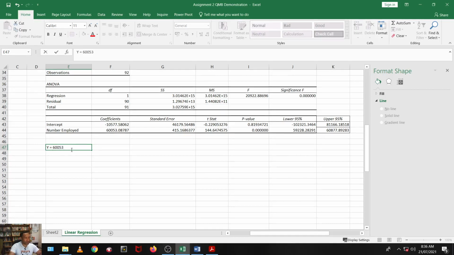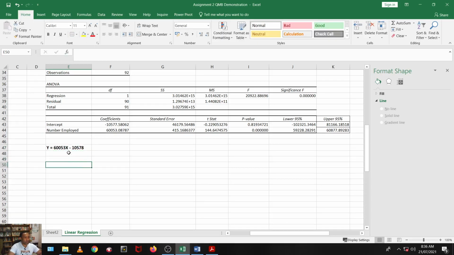I'm just going to round it to the nearest whole number, x, and then the intercept is minus 10557, rounded to the nearest number. And that would be my regression equation.